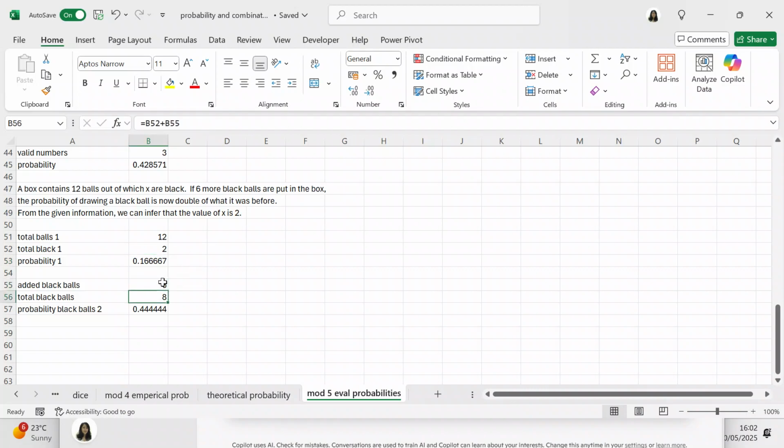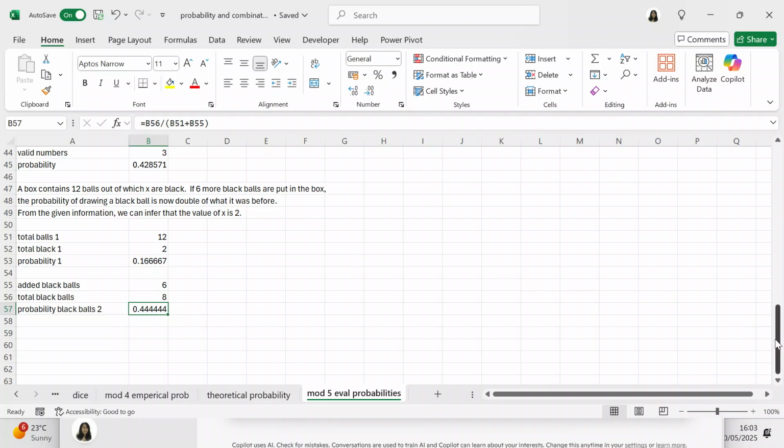The total black balls is now going to be 8. And the probability that you're going to get a black ball is the total black balls divided by total balls plus added black balls. It's going to be 44.44%.